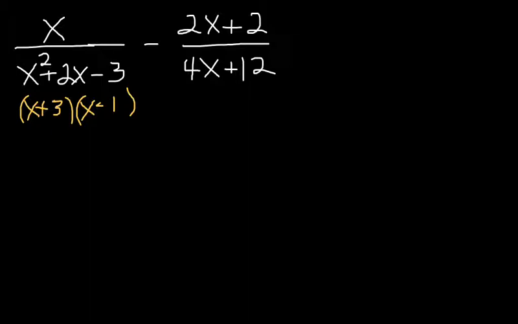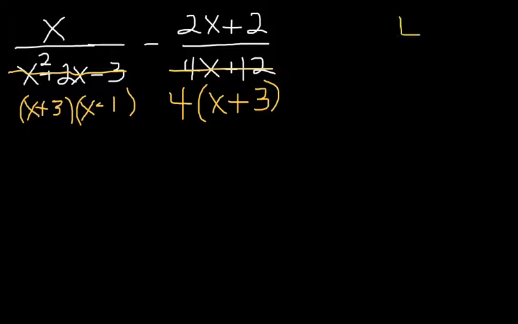And then on the other one, even though we can't just factor it, we can factor out a number here. We can factor a 4 out in the front, and that'll be 4 times x plus 3. So now I'm going to replace my original denominators with the simplified versions here. And this will help me to get a common denominator a little bit easier.